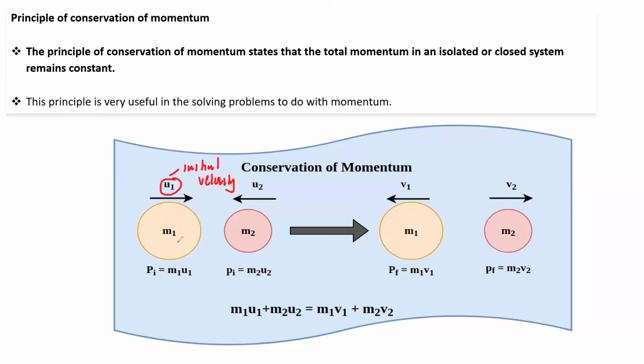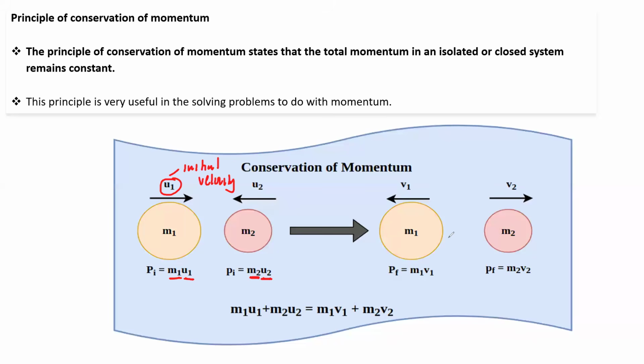Interestingly, object m1 is moving to the right, m2 is moving to the left, and they will collide. But before they collide, you can calculate their initial momentums. So look at this. The initial momentum Pi is m1 u1, plus the initial momentum of object 2, m2 u2.